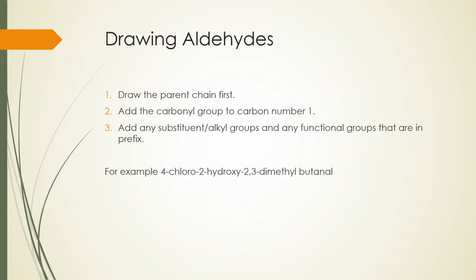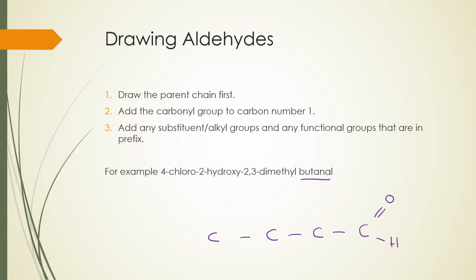Now let's have a go at drawing an aldehyde. When you draw an aldehyde, always start with the main chain, which in this case is butanal. 1, 2, 3, 4. We're going to put the aldehyde group on, which is the double bond O, H. There's the CHO group.